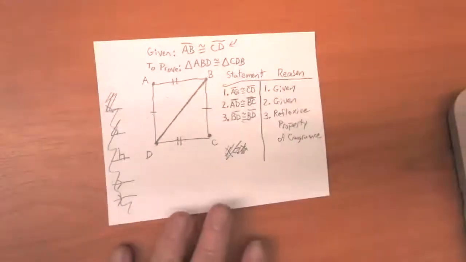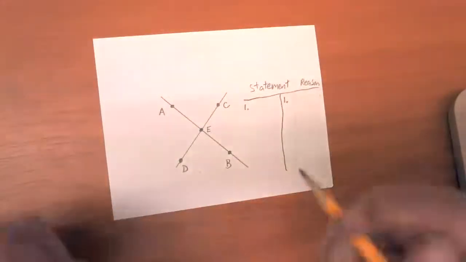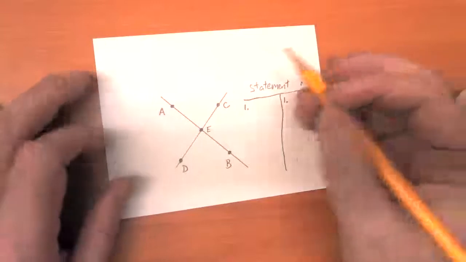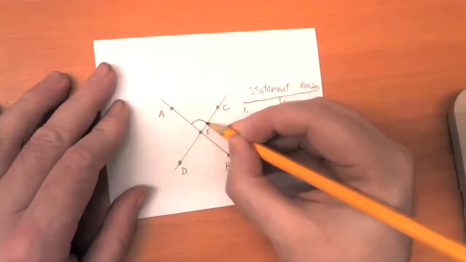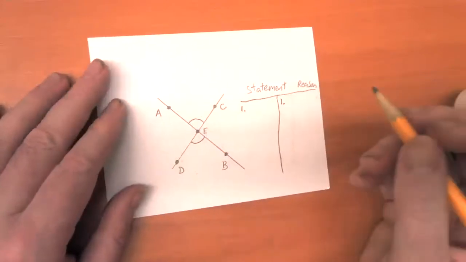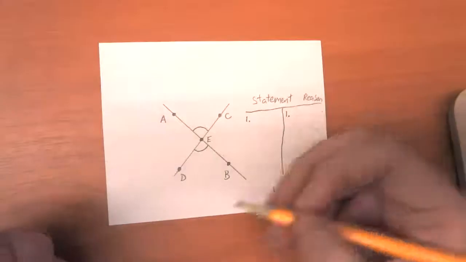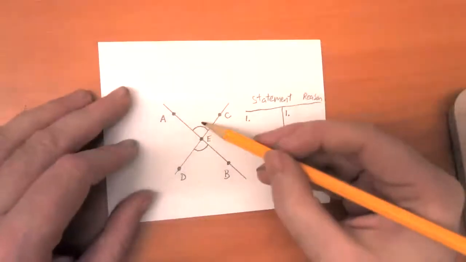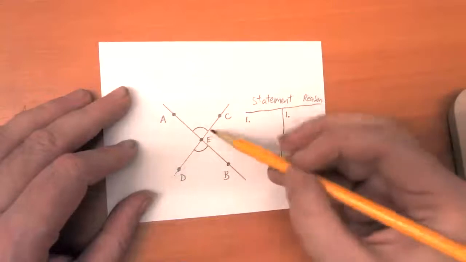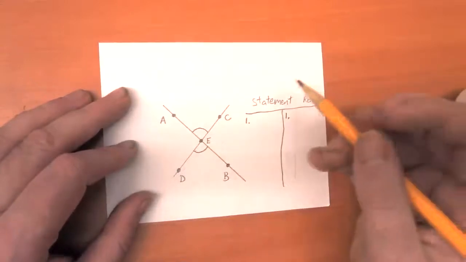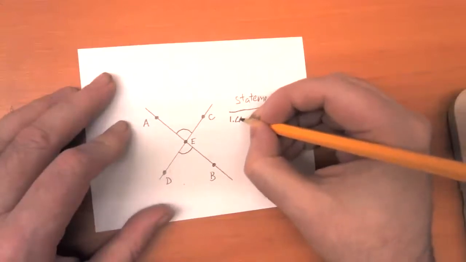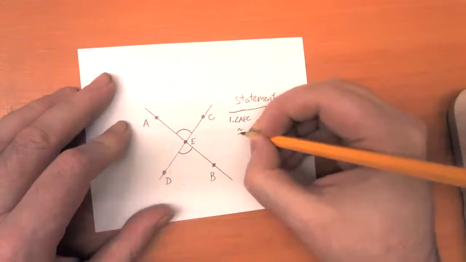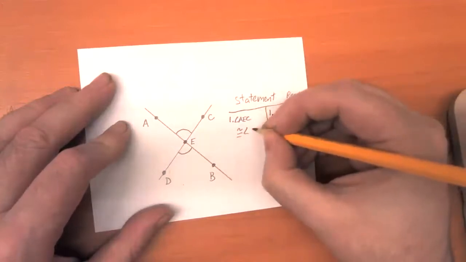All right, there is one extra reason that you can tell just by looking at a diagram, and that is if you've got two intersecting lines like this. We've talked about this angle relation before. These are called vertical angles because these two angles only share this vertex E. And we have talked about how we can conclude that angle AEC is congruent to angle BED.